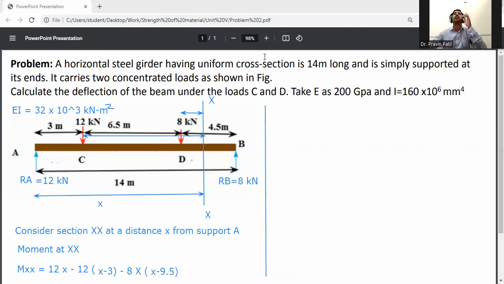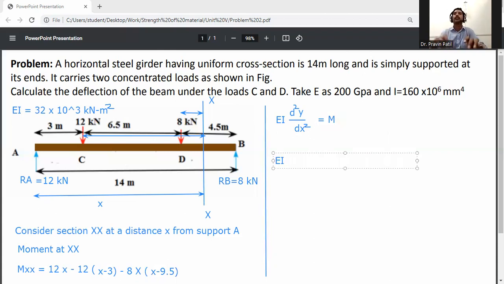Now apply Macaulay's equation. EI d2y by dx square is equal to M, the moment at x-axis.